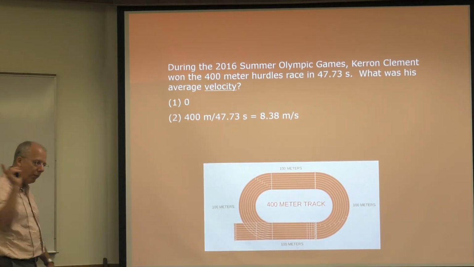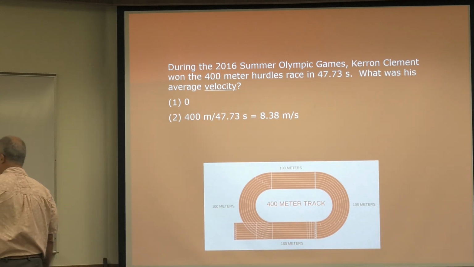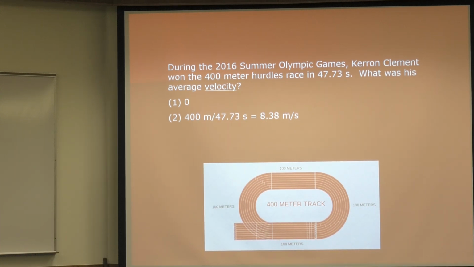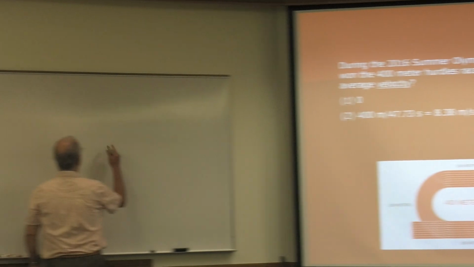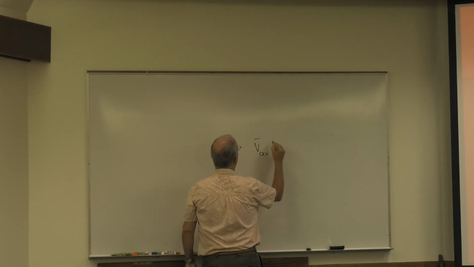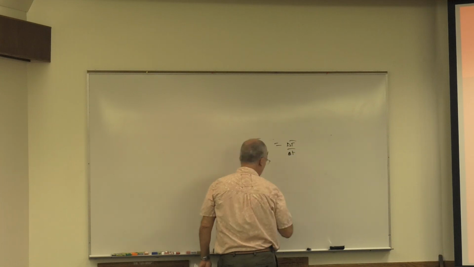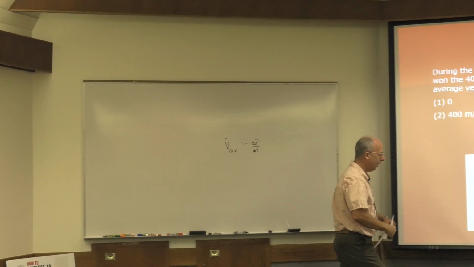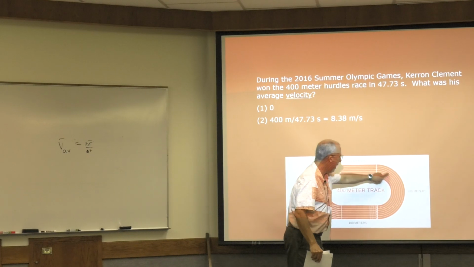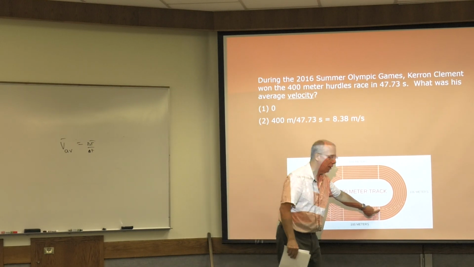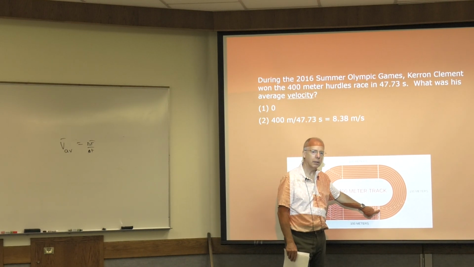So pause your video and figure it out. Okay, so average velocity is the displacement divided by the time. Now look, if you start and end at the same place, what's your displacement?